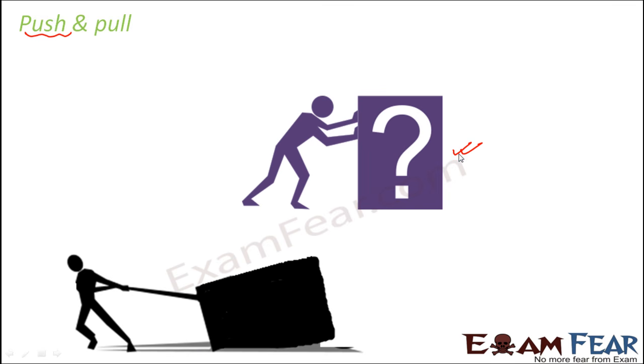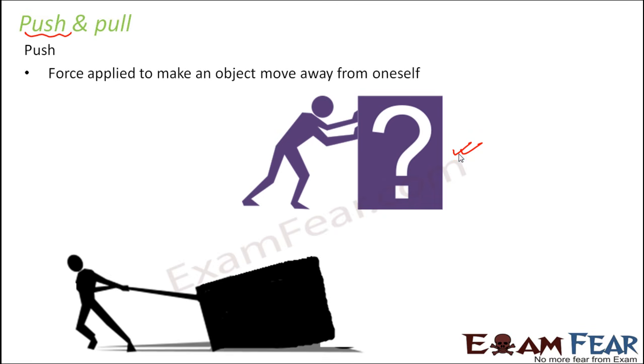It is a push. So push is always about a force which is applied to make an object move away from oneself. So here if you see, this is the person who is applying force. Or we can say that this person is pushing this box. Now he is pushing the box in this direction and he is here. So he wants the box to move away from himself.